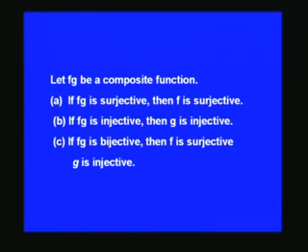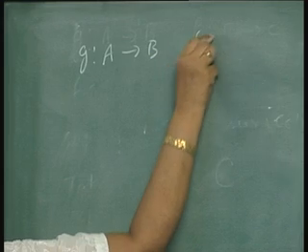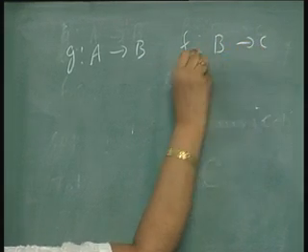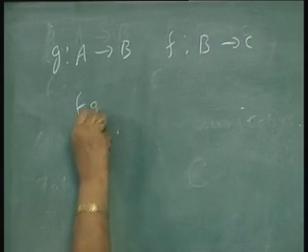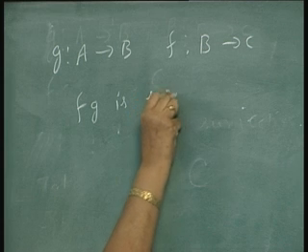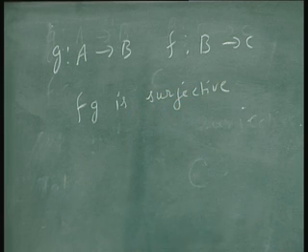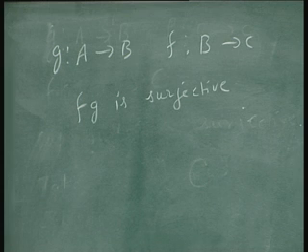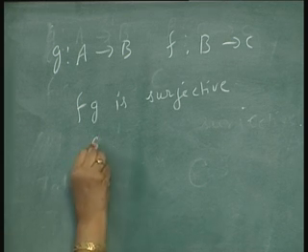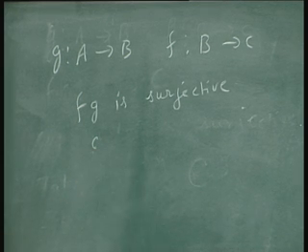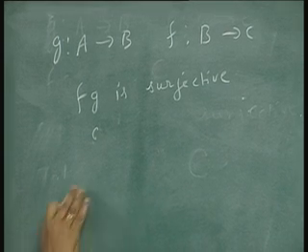G is from A to B, again f is from B to C. fg is surjective. Then if fg is surjective, then f is surjective.